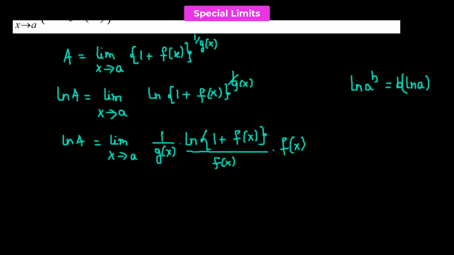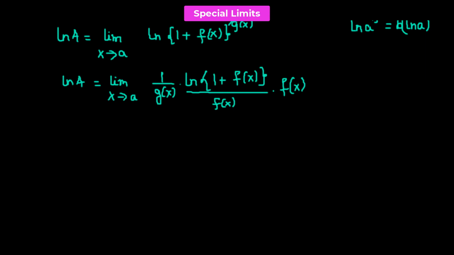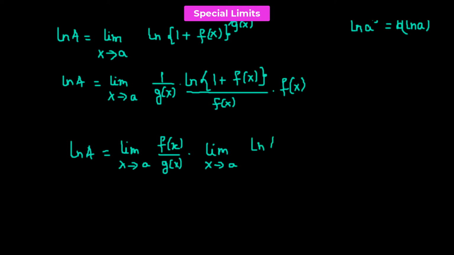Now rearranging the limits, we will have natural log of a equal to the limit as x approaches a of f of x over g of x, multiplied by the limit of x going to a of log of 1 plus f of x divided by f of x. So this second limit is going to be equal to 1.